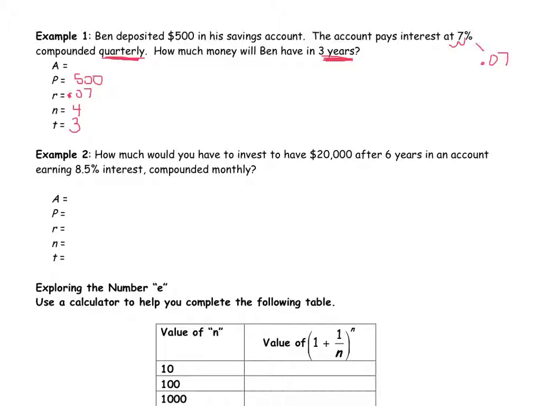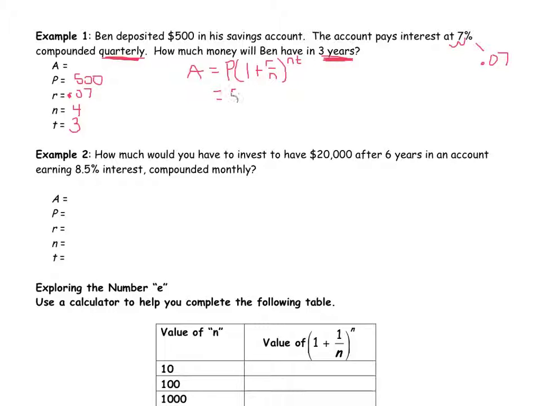Here's our equation. It's A equals P parentheses 1 plus R over N, and then raised to the NT power. Okay, so we're going to go ahead and plug in our numbers.